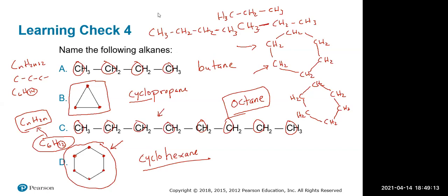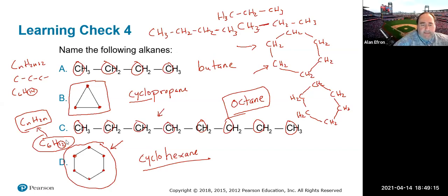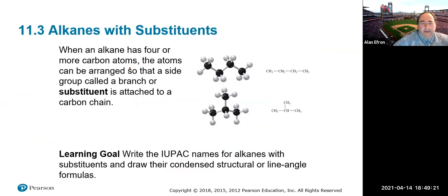Okay. Then let's get into some of this stuff. Let's talk about what happens when we start adding some things to this. When we get alkanes that have what are referred to as substituents, these are sometimes referred to as branch chains, as I was talking about. Here's our straight run of 4 carbons in a row, and that is our butane, right?